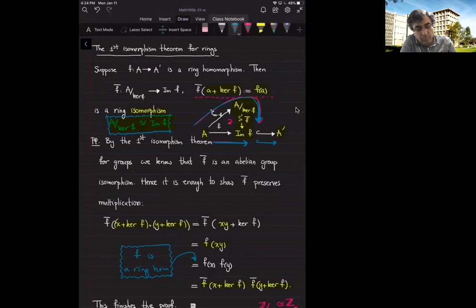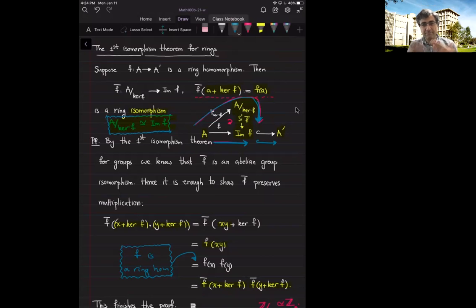Of course, our starting point would be group theory. We know that F being a ring homomorphism is also an additive group homomorphism. So from group theory, we deduce that the same function F bar is indeed an abelian group isomorphism from A modded by the kernel of F as an abelian group to the image of F as an abelian group.